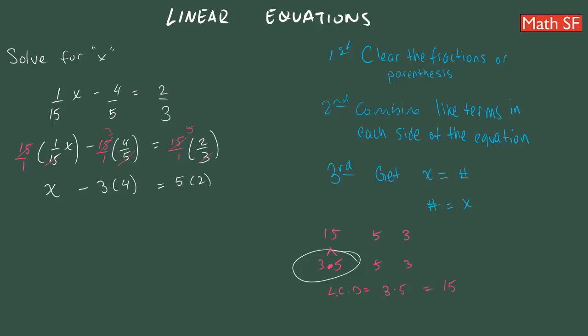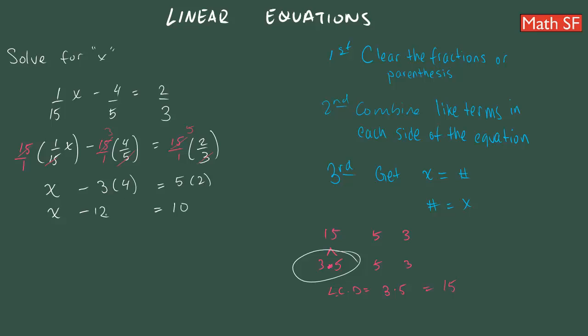But for now, to be safe, let's do it step by step. So let's clear the parentheses. In this case, we have x, negative 3 and a positive 4 give you a negative 12, equals 5 times 2, which equals 10.